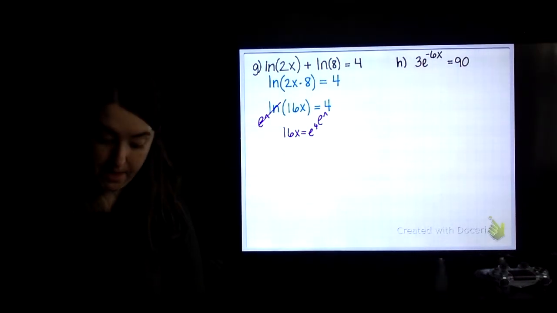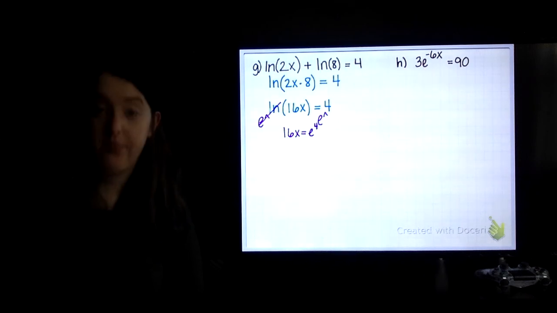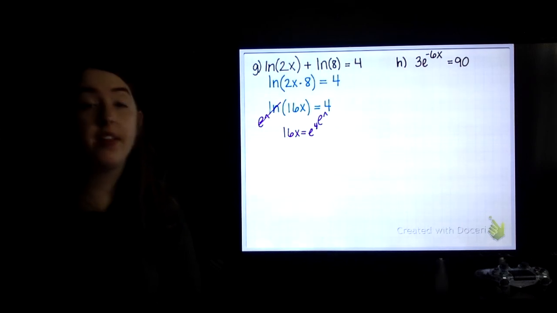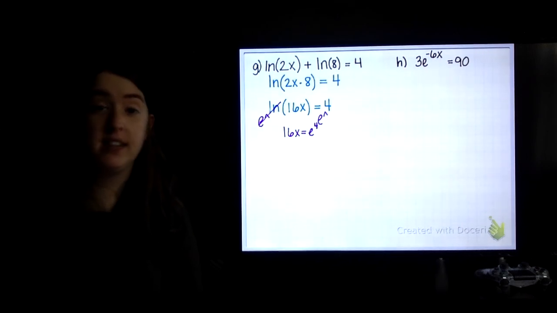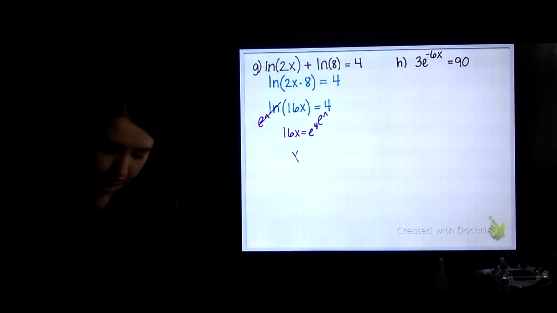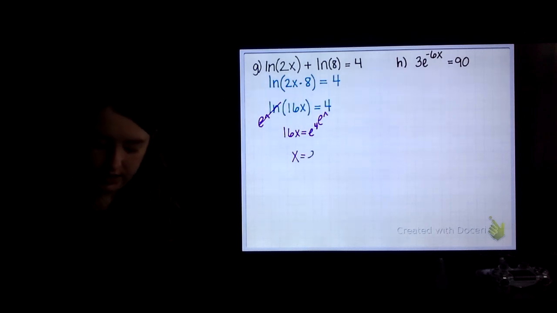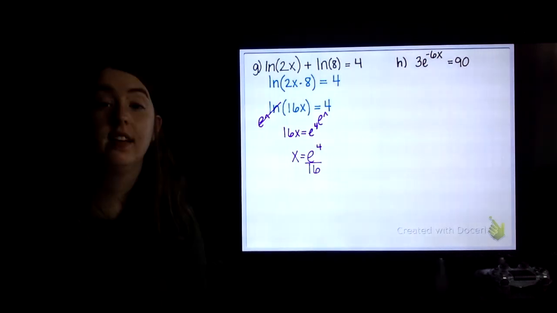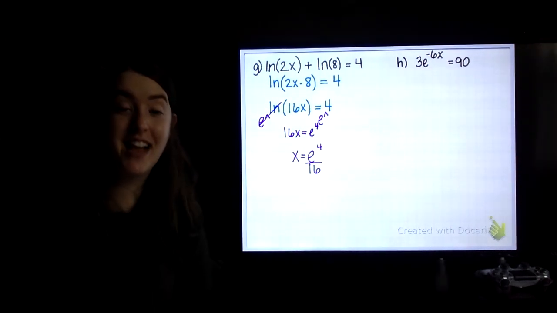We'll keep it like that. And then the last thing we have to do to get x by itself is to divide by 16. So x equals, ooh, silly x. X equals e to the fourth over 16. So that's my exact value.